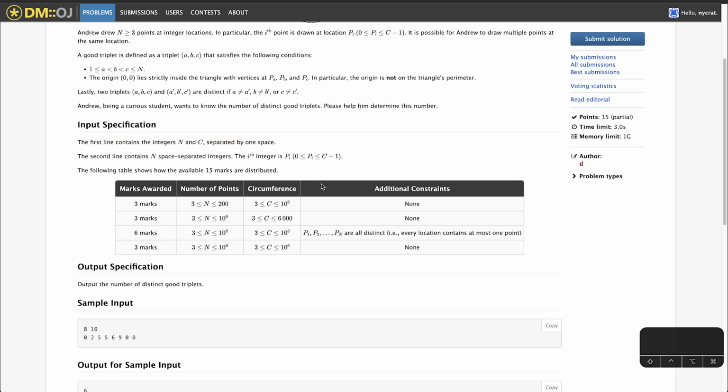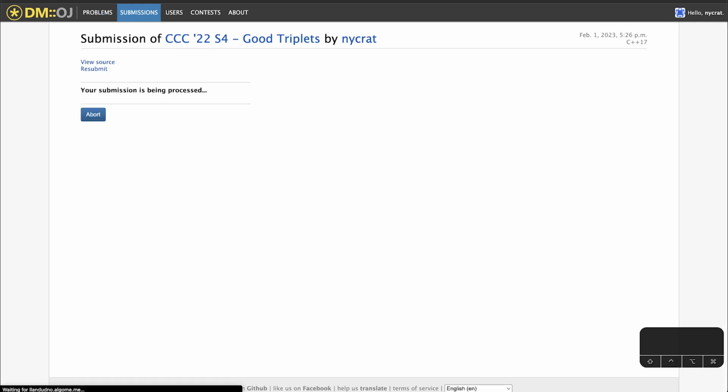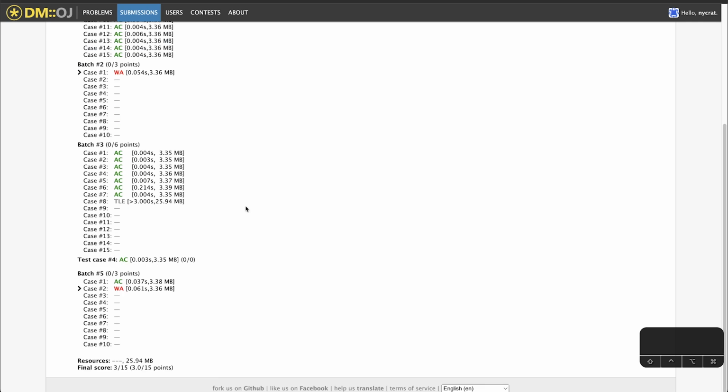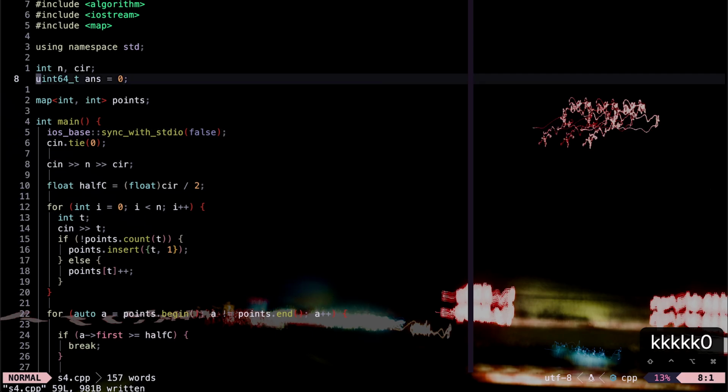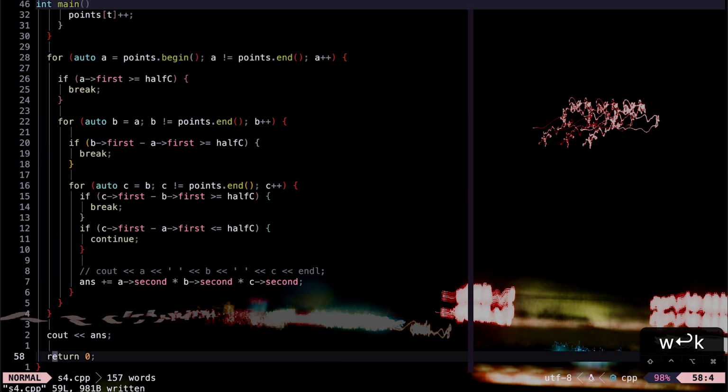The only constraint for the second batch, I guess, is that the number of points can be much larger. Let me just see this. Which 2 didn't work. Yeah, so I guess that'll be a problem, and I am using UN 64.